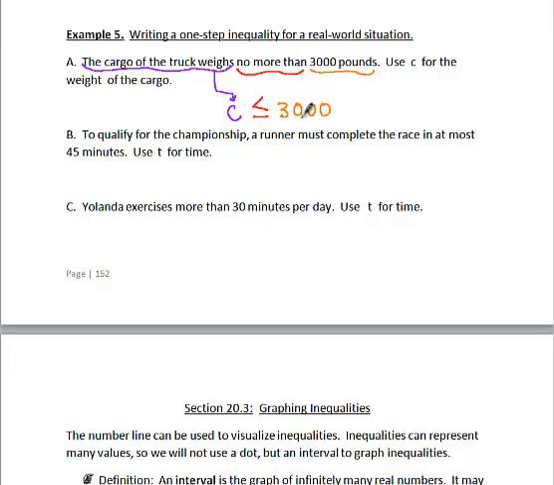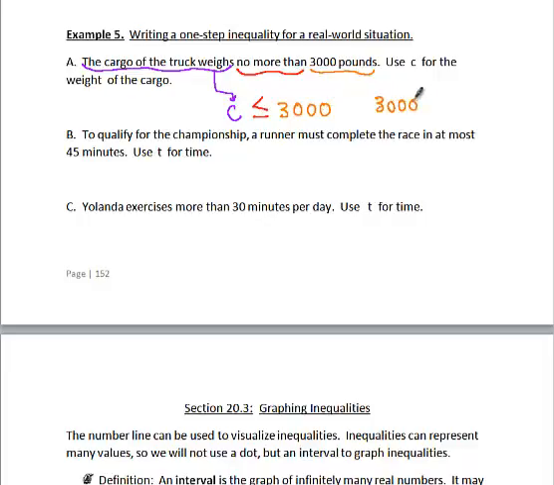If it was 4,000, it would be greater than 3,000. And we don't want that, we want it no more than 3,000. So C must be less than or equal to 3,000. And we use the equal to because 3,000 would satisfy this inequality.